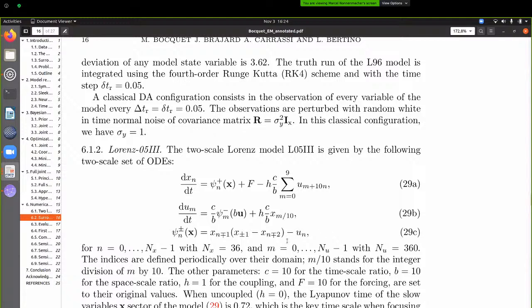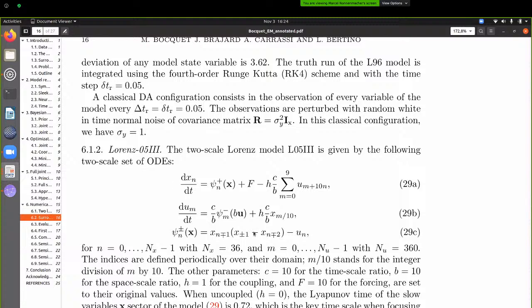I think this should be an x instead of a u, otherwise this makes no sense. And then there's this second layer of variables which is coupled to the first layer through this term. Essentially what it is you have the same system as before, now with 36 locations instead of 40, but you have extra variables which are taken to be unresolved variables.